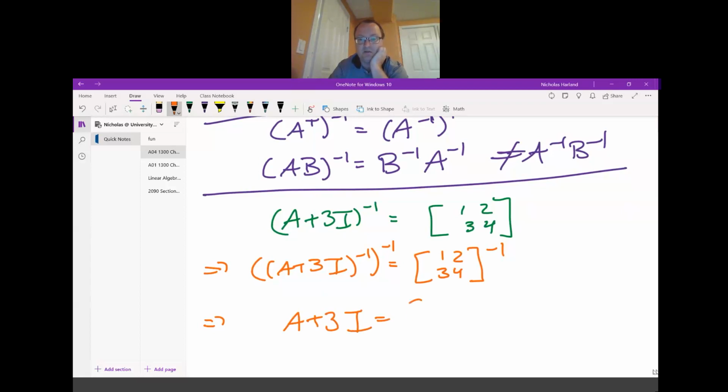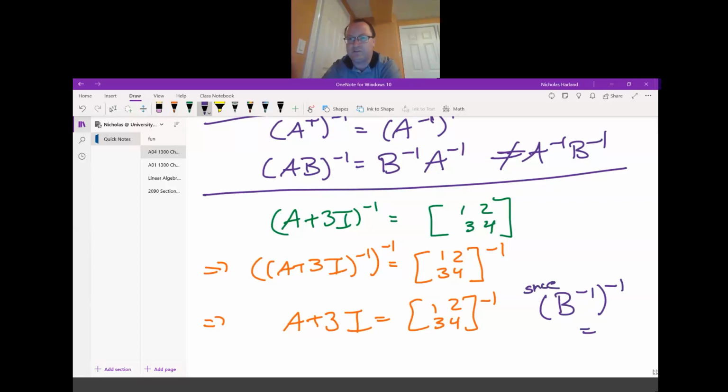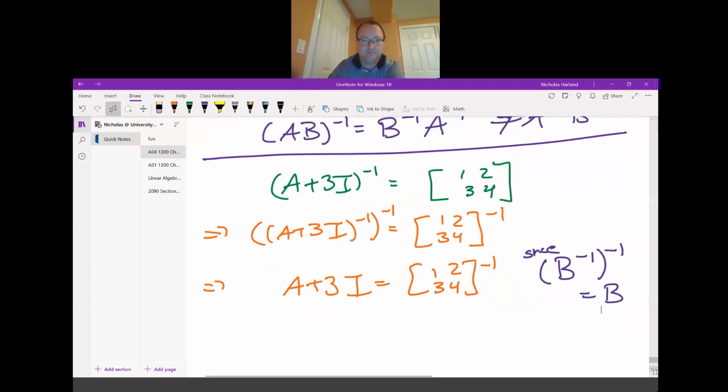Technically, there's a property that we're using here: B inverse inverse, the inverse of the inverse, gives you what? Yeah, the inverse of the inverse just gives you the original matrix, again assuming that it's invertible.